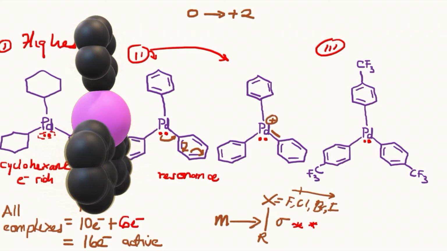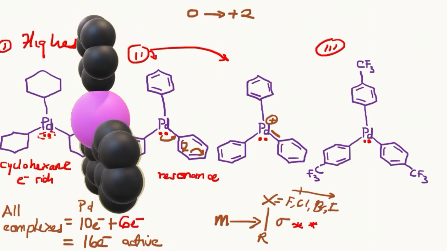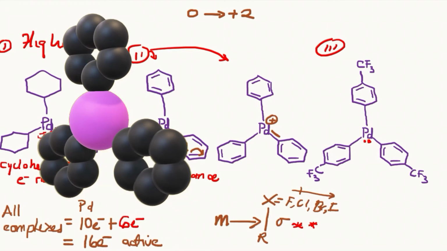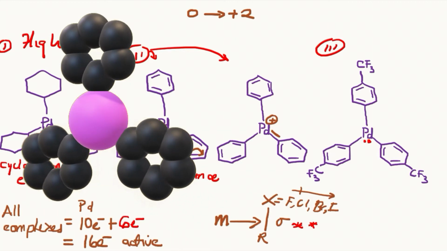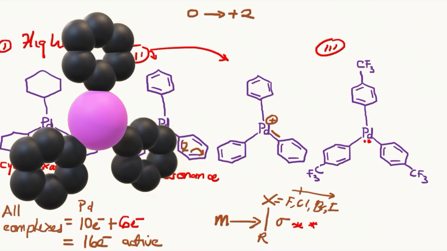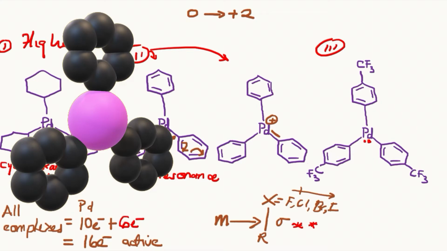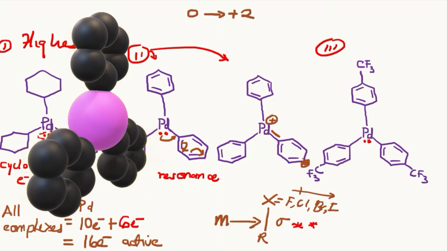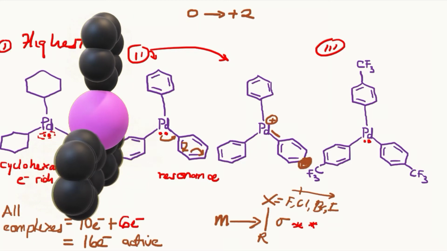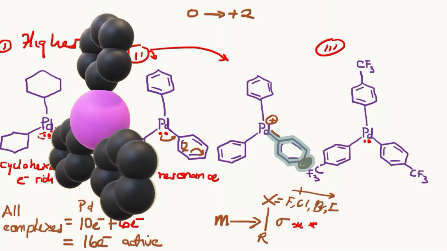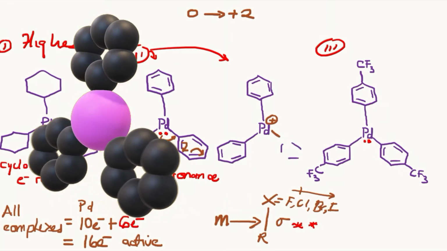And I'm going to erase this because the lone pair now becomes a bonding pair, and not only a bonding pair but a pi bond in this particular case. And what we have now is a negative charge on this particular carbon right there, which is the main reason why there is an electron withdrawing group present right there. I'm going to have to redraw this.